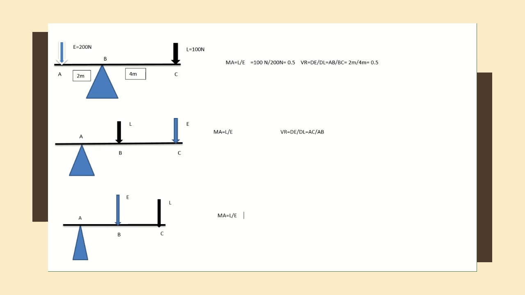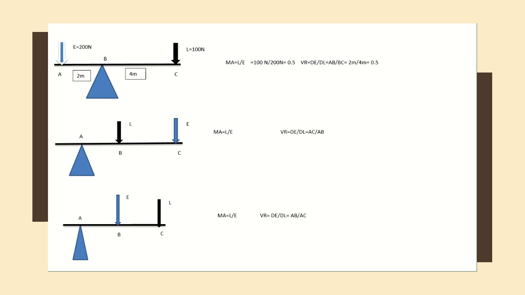Next, the velocity ratio for the third class lever is the distance moved by the effort divided by the distance moved by the load. This is my effort now. The distance moved by the effort is from the pivot to point B, where the effort is. So it equals AB divided by the distance moved by the load, which is from A to C. You have seen that it has changed.